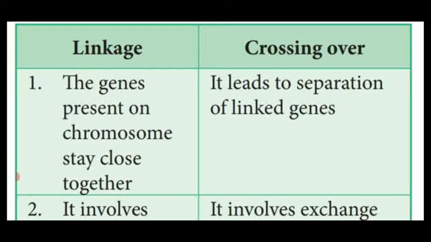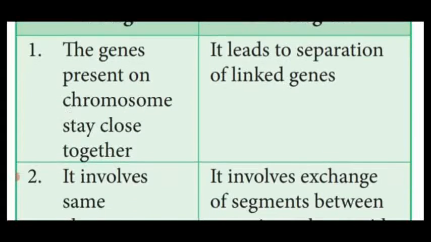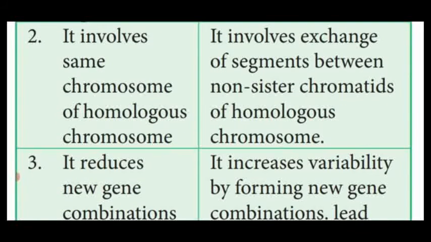Crossing over leads to separation of linked genes. Next, linkage takes place in the same chromosome of homologous chromosomes, but crossing over involves exchange of segments between non-sister chromatids of homologous chromosomes.